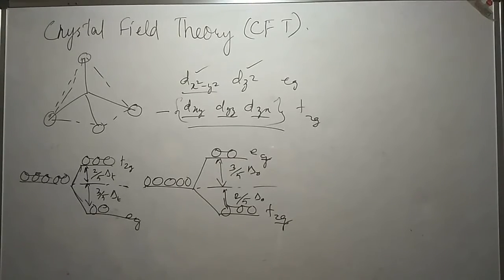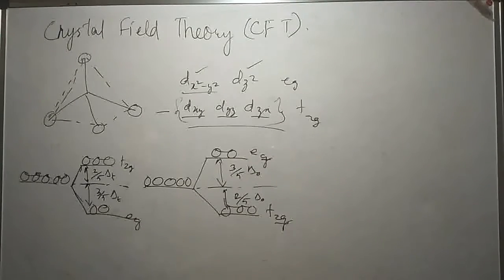For the crystal field splitting, that is the splitting of the d orbital, it depends upon the nature of the ligands. The stronger the field of the ligand, the greater will be the splitting.